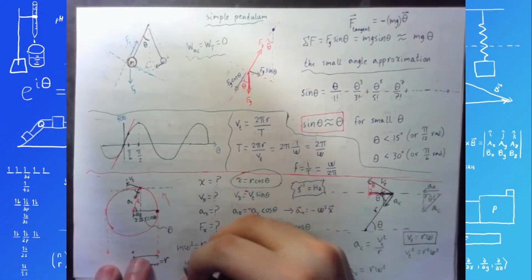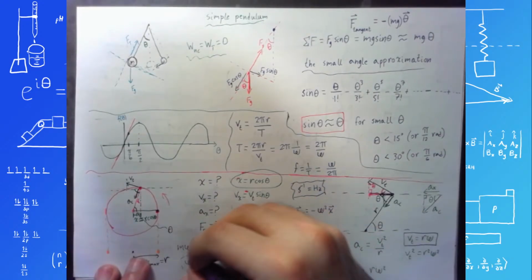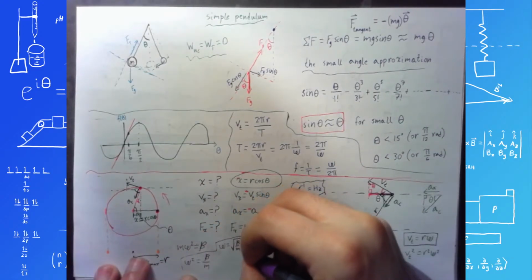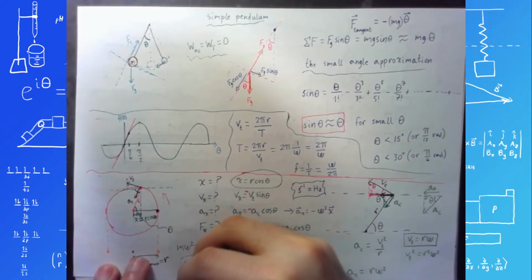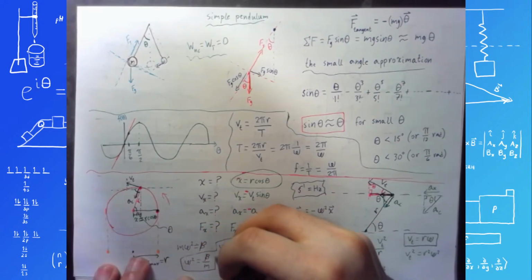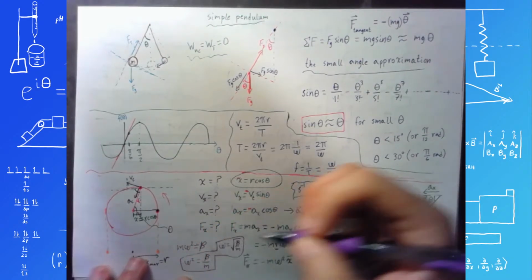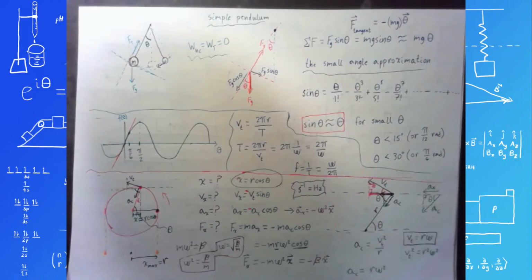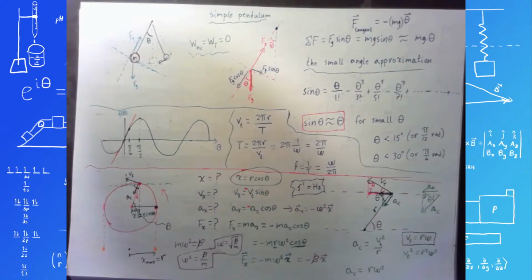Okay, so these two results, I'm going to now use to define this omega for the spring case and the simple pendulum case. That's what I'm going to do.